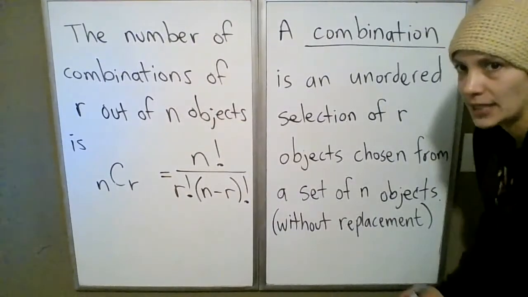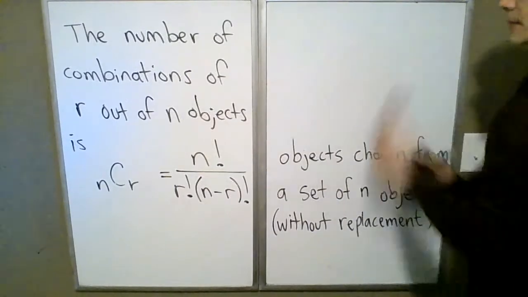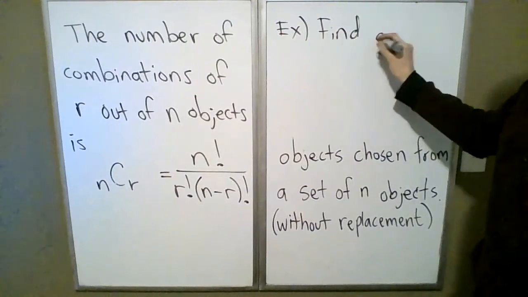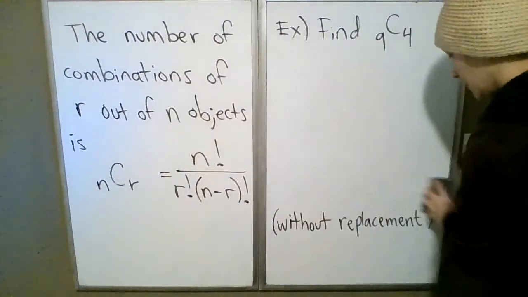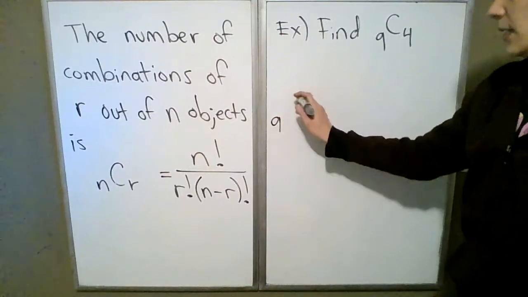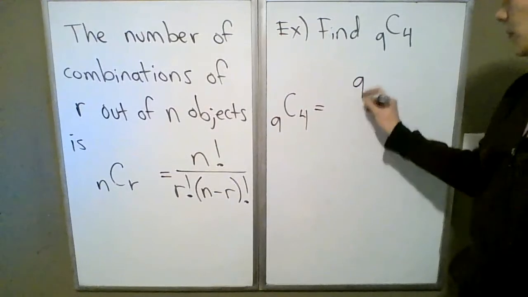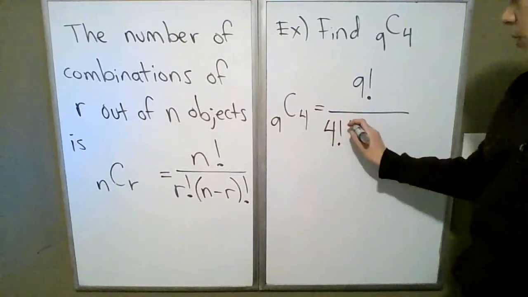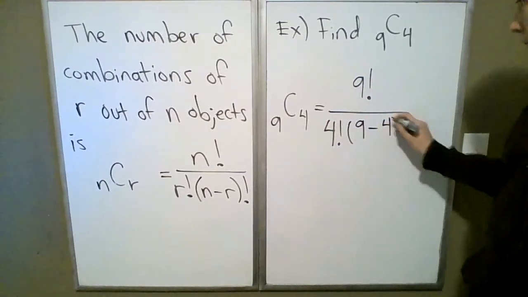Okay, we start with 9 choose 4. Nine choose 4 is 9 factorial over 4 factorial multiplied with 9 minus 4 factorial, where 9 minus 4 is in parentheses.